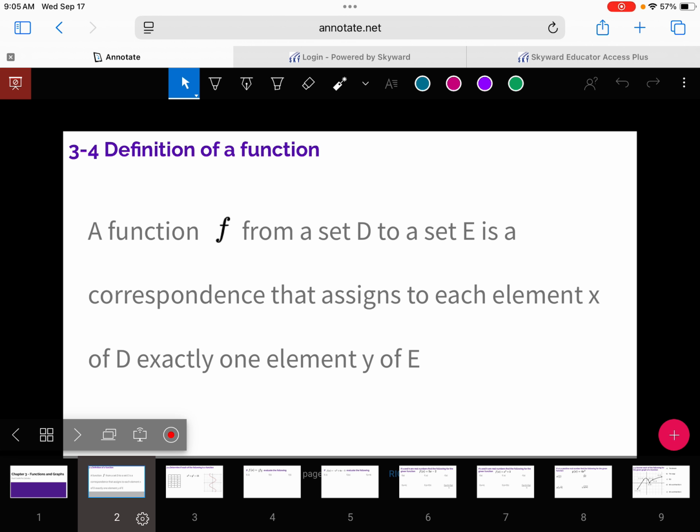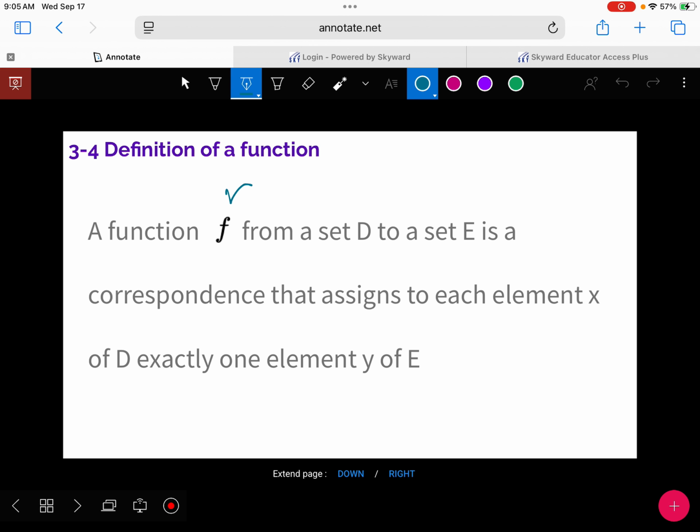So this is the way the book writes it, which is aggressively mathematic-y and feels super complicated. So a function f, this is just what its name is. We usually write this with f of x, that kind of thing. It's just its name.